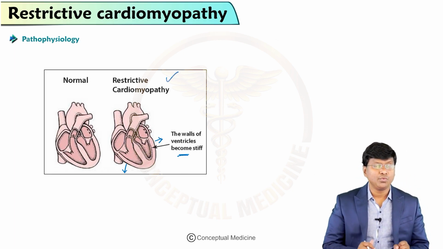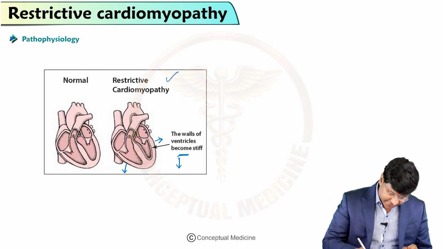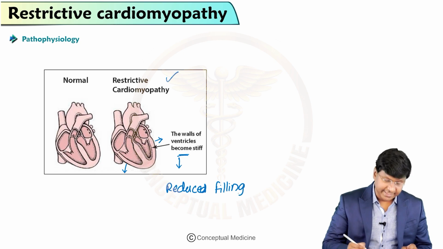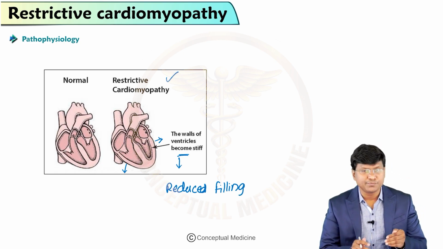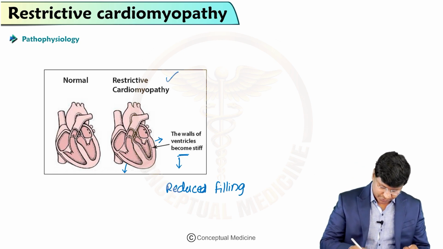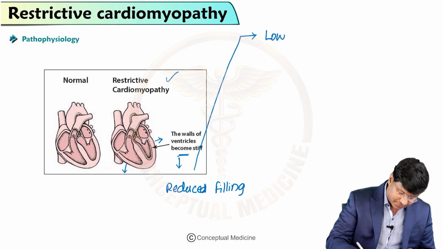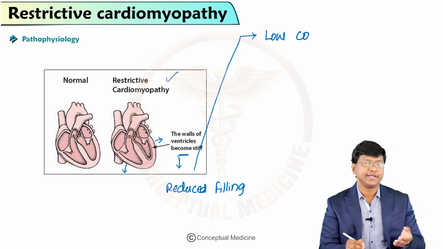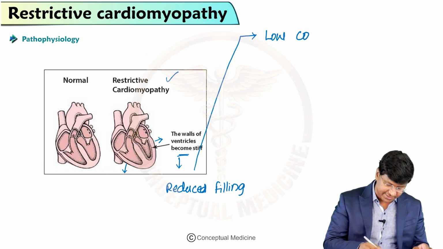Now, what will happen? There will be reduced filling of the ventricles. Because there is reduced filling of the ventricles, this will eventually lead to low cardiac output. And what will happen to pressures within the atria?